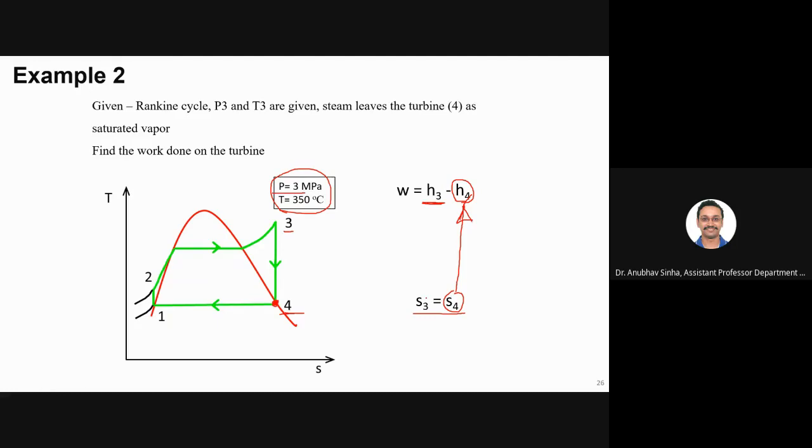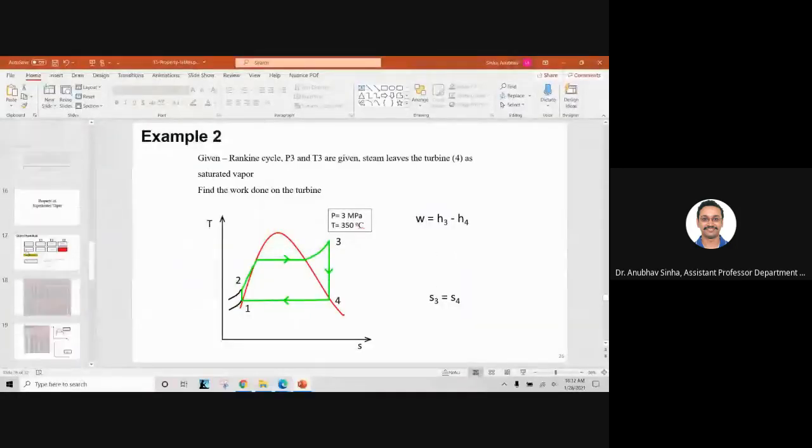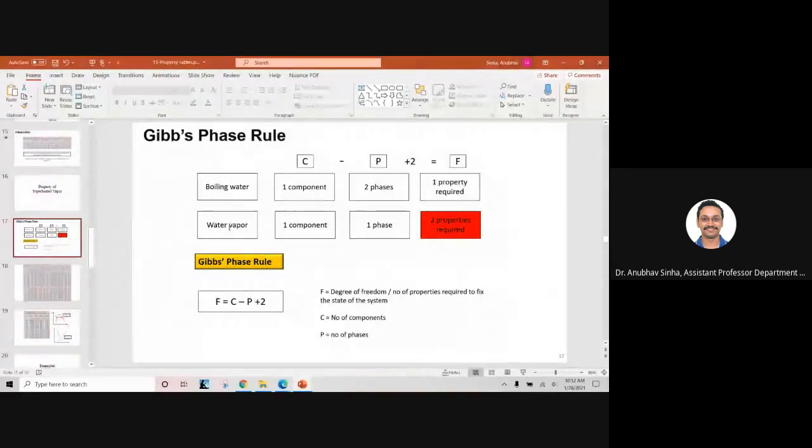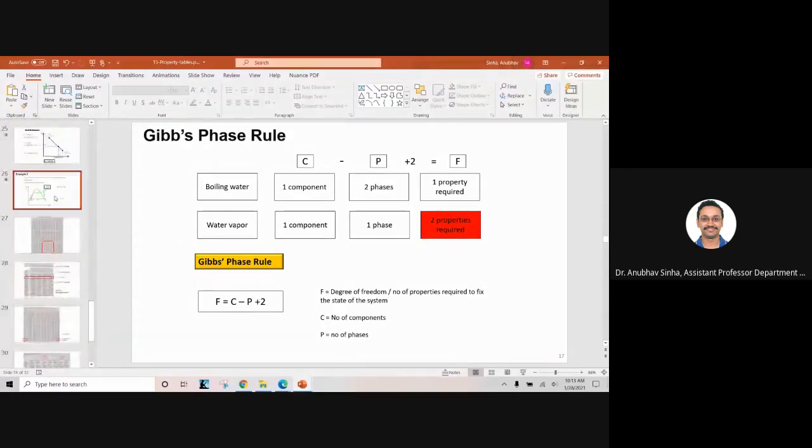If you go to the Gibbs phase rule, for water vapor I need two properties, but for saturated water I need only one property because I know it is lying on the saturation curve.